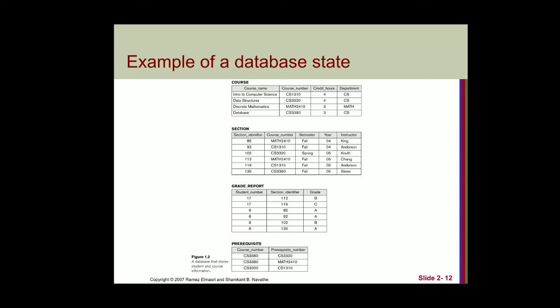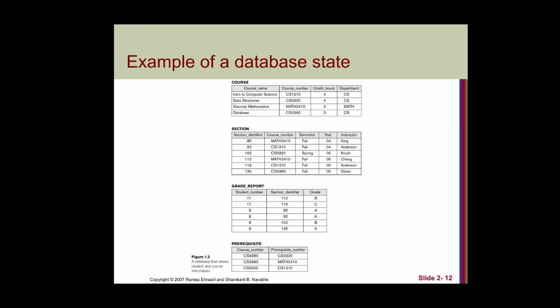This is an example of a database state. You can see we have entities like course, section, grade report, prerequisite, right? Apart from the schema, like the outer boundary regarding what attributes it has, it also has the values. We have inserted various tuples, or we can say various records.